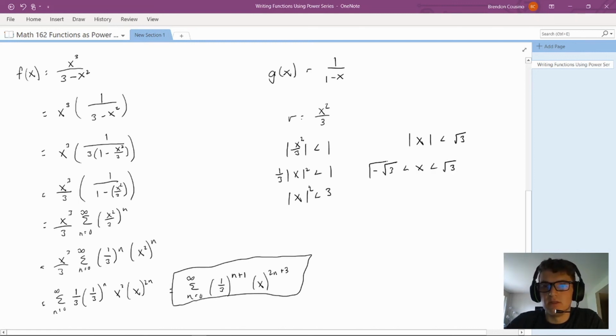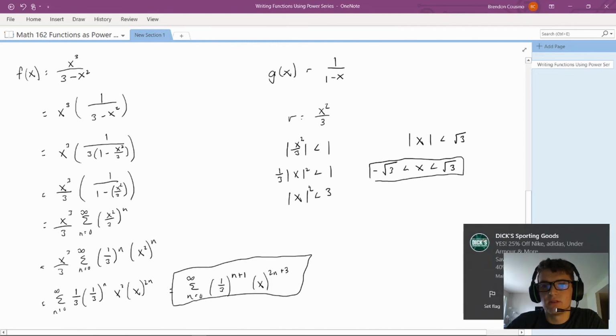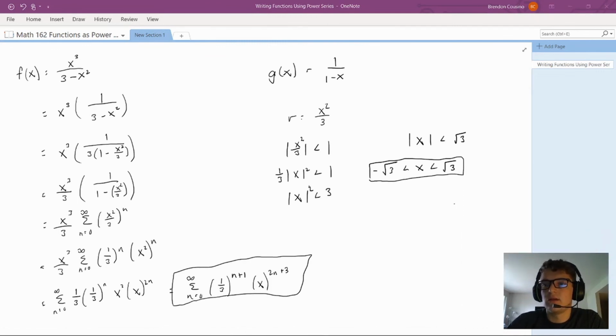So this is going to be our interval of convergence. That tells us that this power series represents this function only when x is between negative square root 3 and positive square root 3.